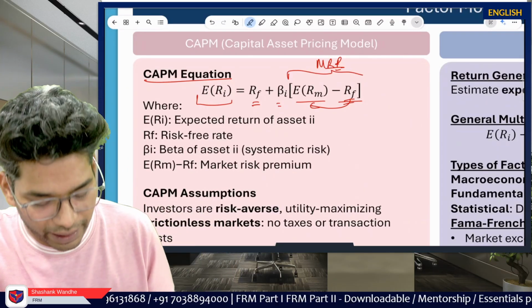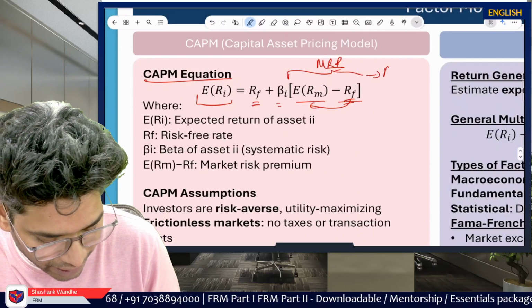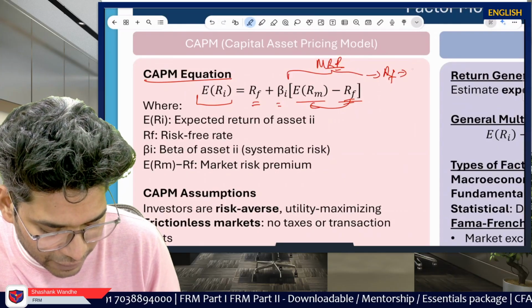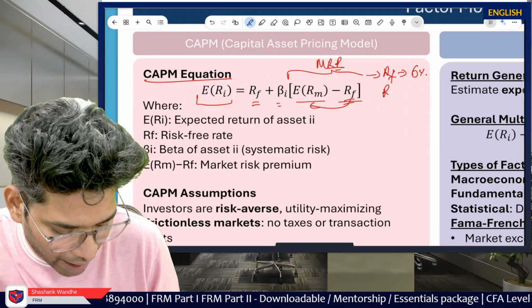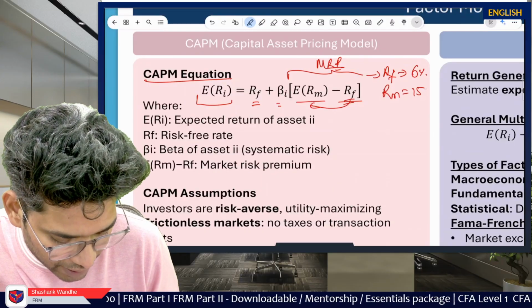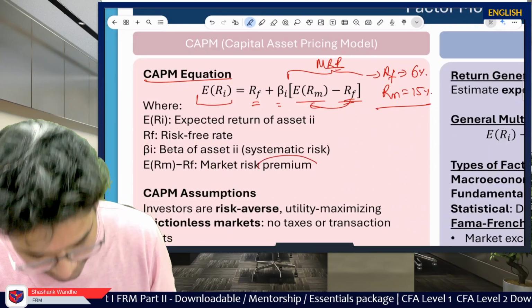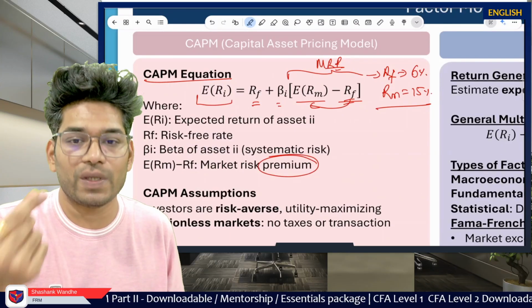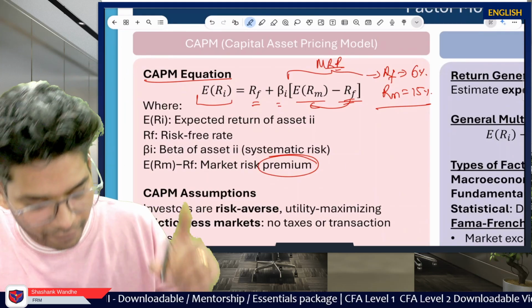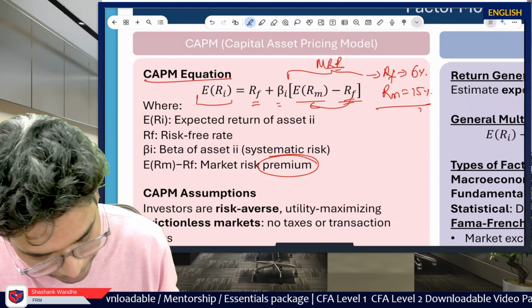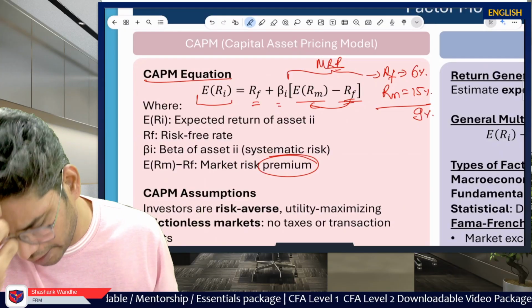So you have choices, right? Let's say the risk-free security is offering 6% and the market is offering 15%. So the market risk premium is 15 minus 6, which is 9%.